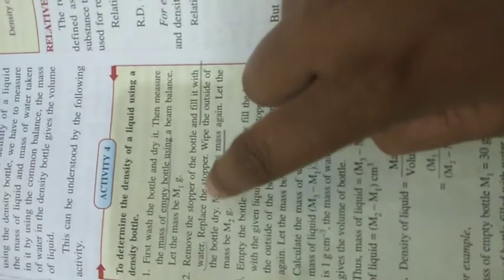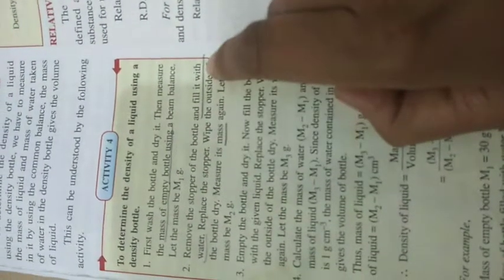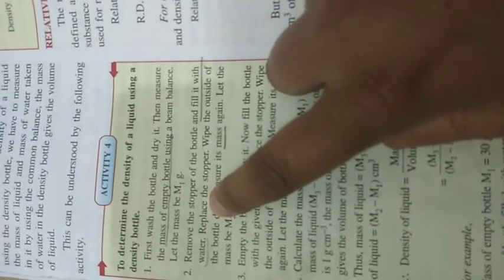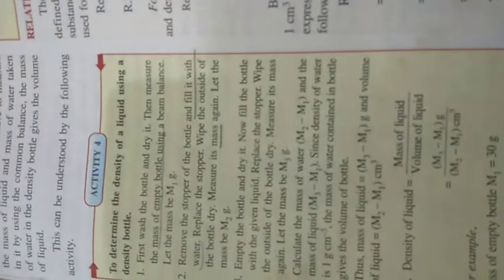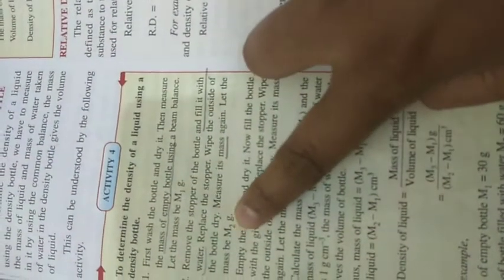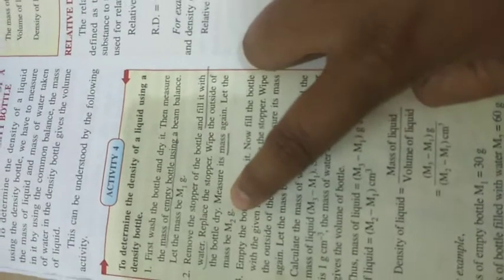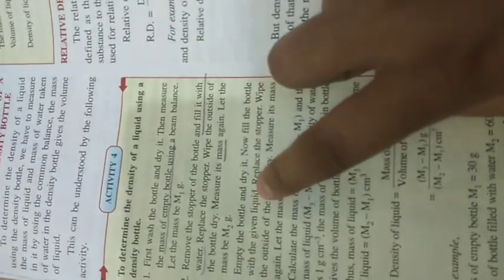Then we measure the weight of the empty bottle, which is marked as mass 1 or M1, in grams. Now we remove the stopper and fill it with water, and then replace the stopper. Excess water will flow out of the bottle, and then again we wipe the bottle all around, measure the mass, and name it M2 grams. Then again we empty the bottle and dry it.